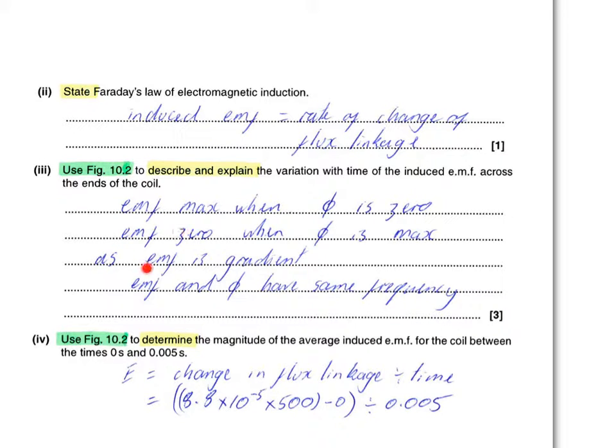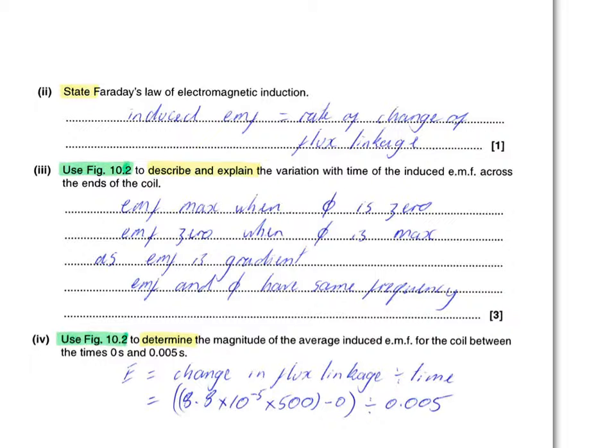Because EMF is rate of change of flux linkage, what we can do is say that the EMF is going to be proportional to the gradient. The gradient is the rate of change of flux, and we're looking for rate of change of flux linkage, so there's that factor of 500 for the turns.